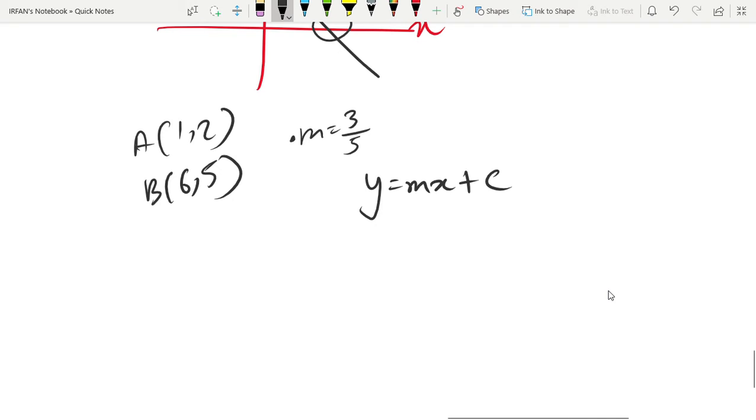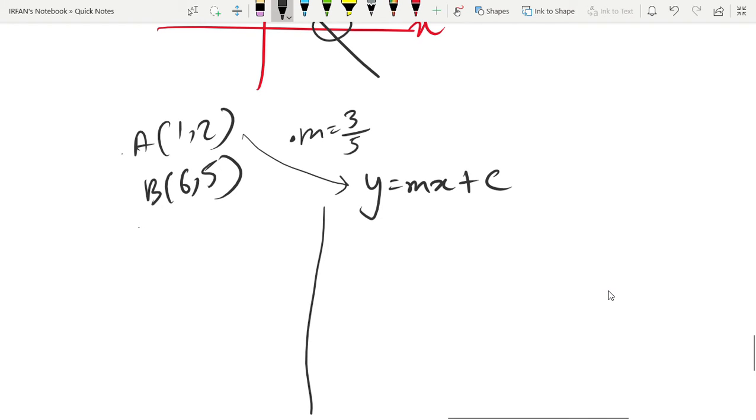Okay, now take any of the two coordinates. Which one are you going to take? I will always take the easy one. For example, I will take A. So if I take A, put these values here. I'm making a separate tab so that I can do two different sums to prove it to you.